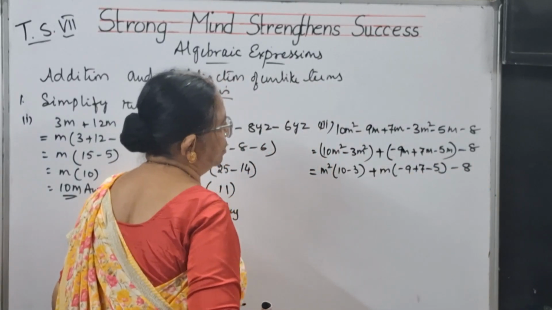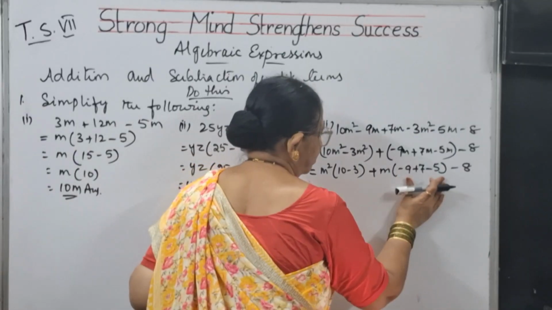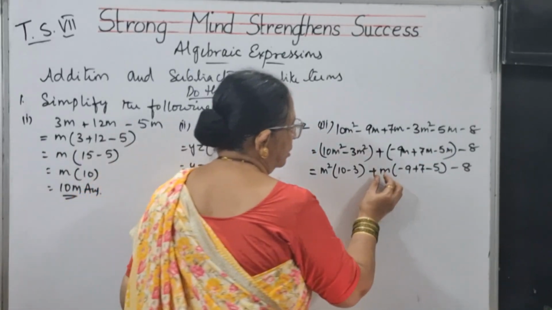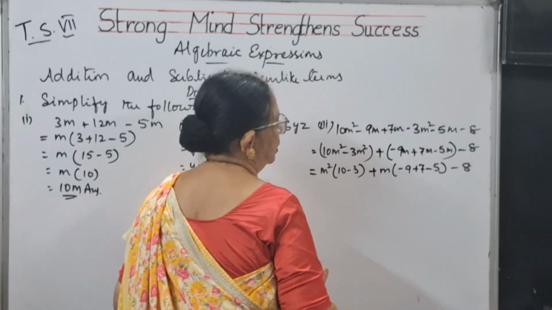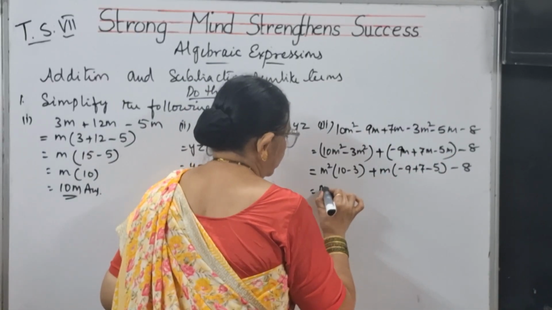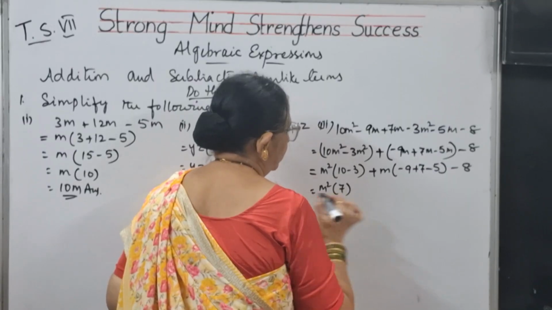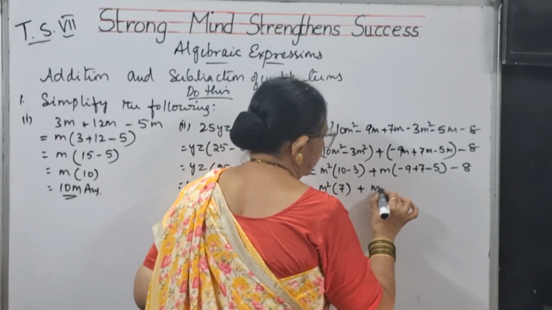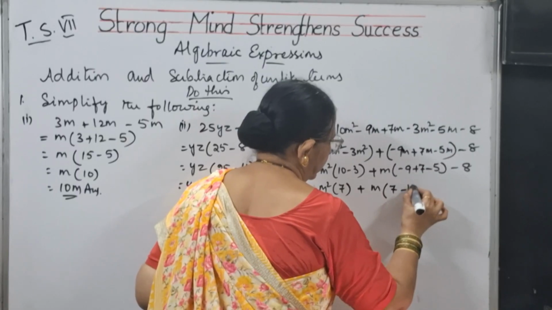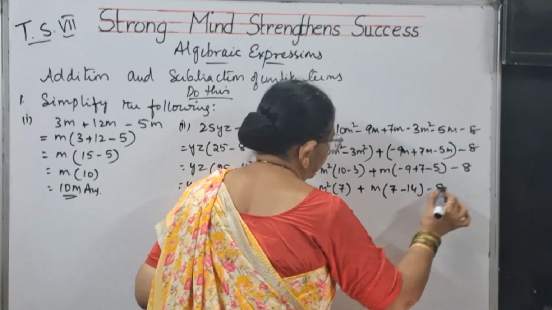So the next step is here. It's just as simple as the earlier problems. We have differentiated like terms and unlike terms and started adding them. So now m square into 7, plus m into minus 9 plus 7 minus 5, which is minus 7, minus 8.